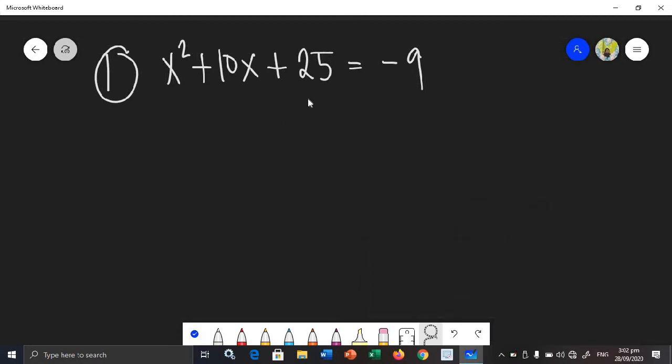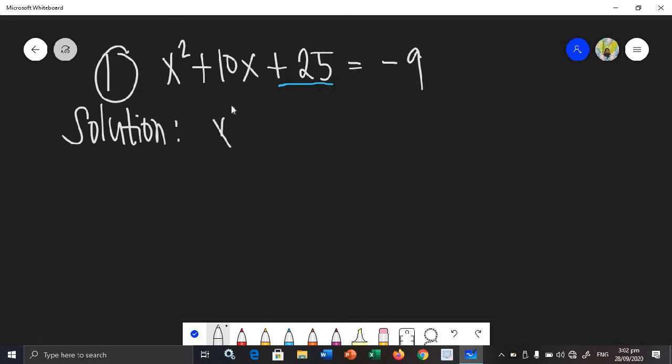So, di ba nag-add tayo ng another term here sa left side. Every time na may dadagdag tayo dito sa left side, always na kailangan din natin siyang idagdag dito sa right side. So, kung dito positive 25, we need to add also here positive 25 on the right side.